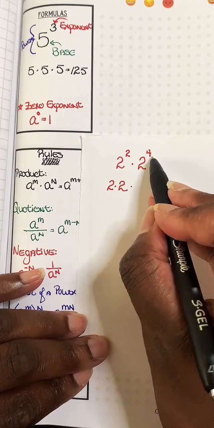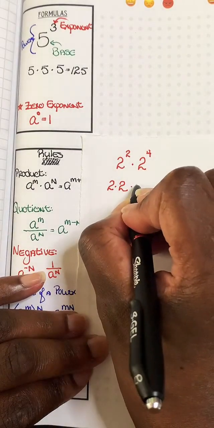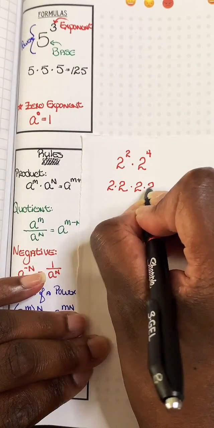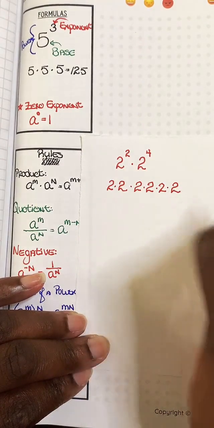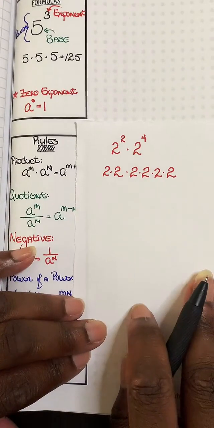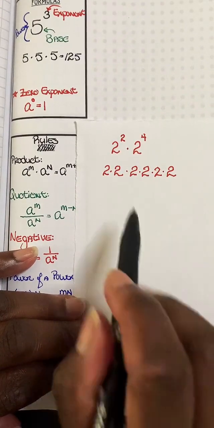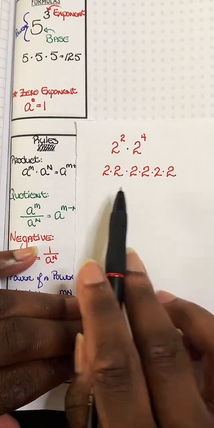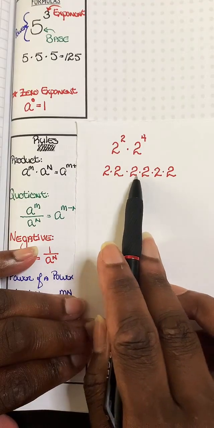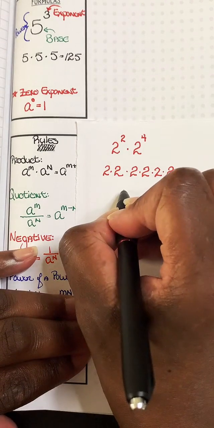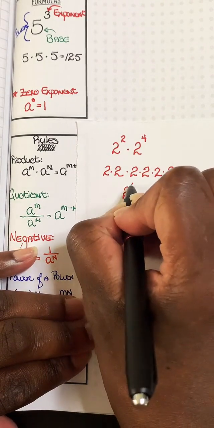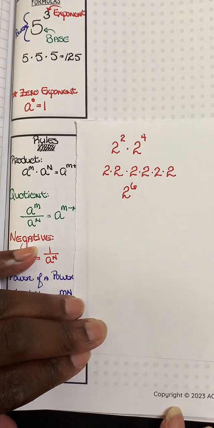But 2 to the fourth power is saying I need to multiply that base of 2 to itself 4 times. So instead of you sitting here trying to figure out what that would be, you would just add 1, 2, 3, 4, 5, 6. So this will give me 2 to the 6th power.